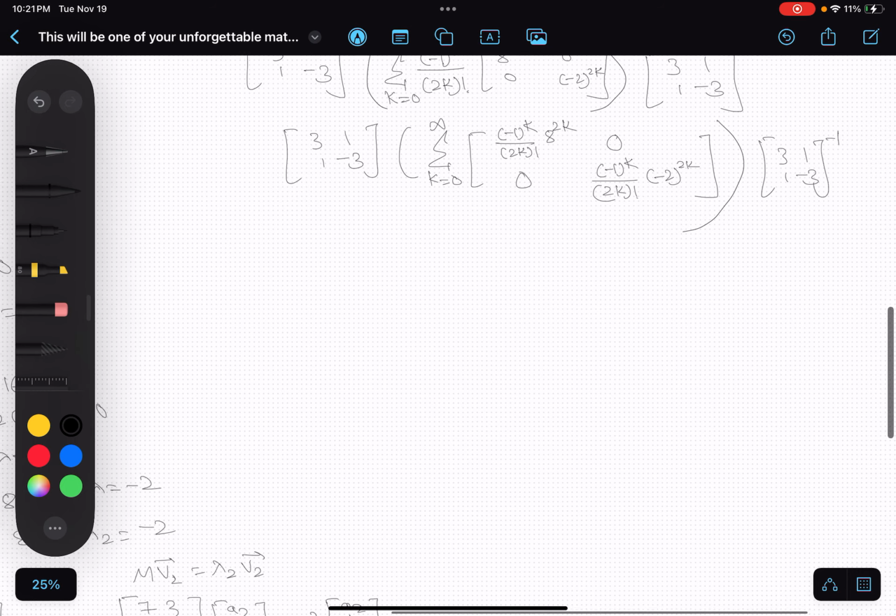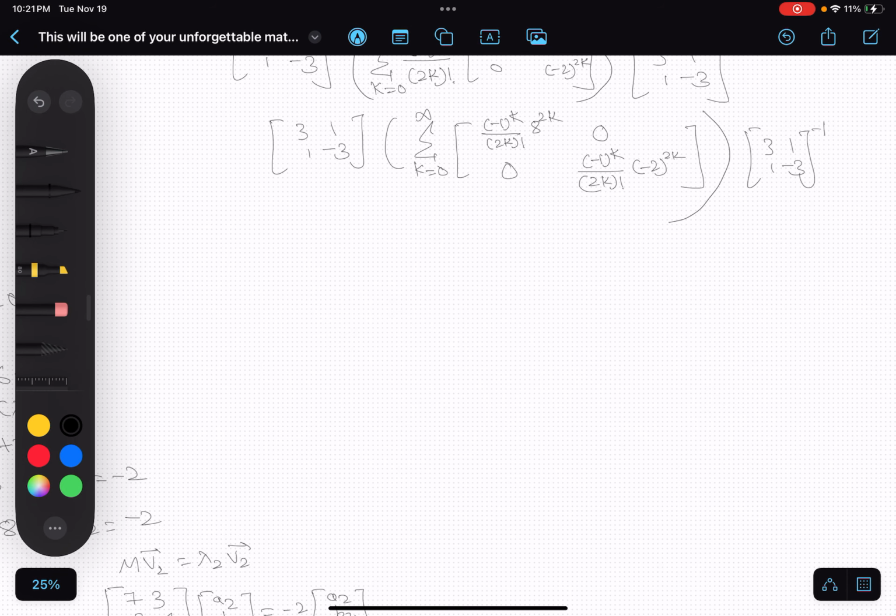Okay guys, now notice that I'm summing the matrices for different values of k. I guess you guys know that if I'm summing a1, b1, c1, d1, plus a2, b2, c2, d2, plus a3, b3, c3, d3, we know how this is going to work, right?